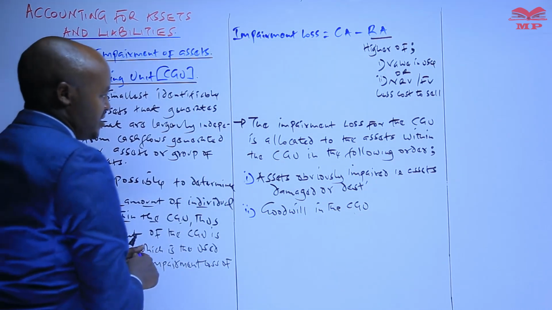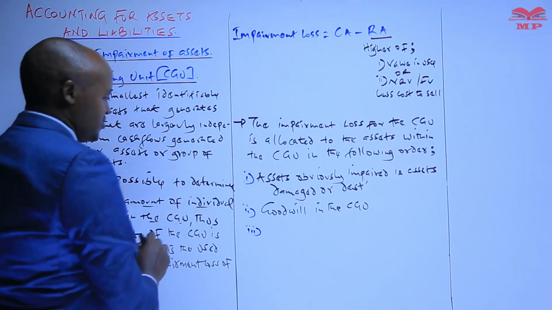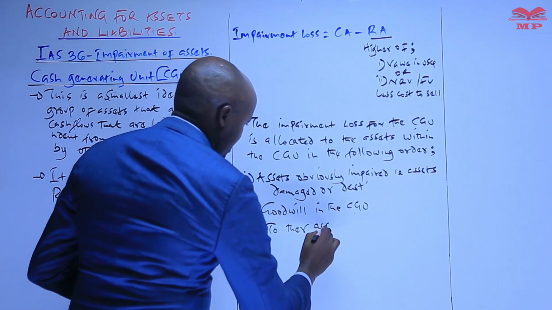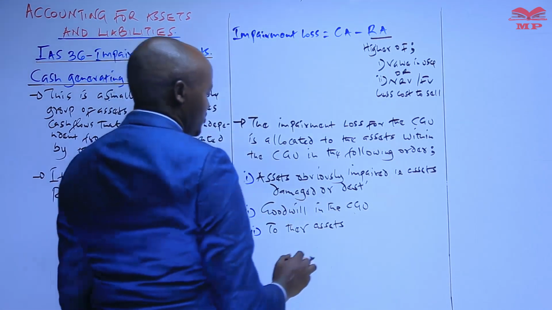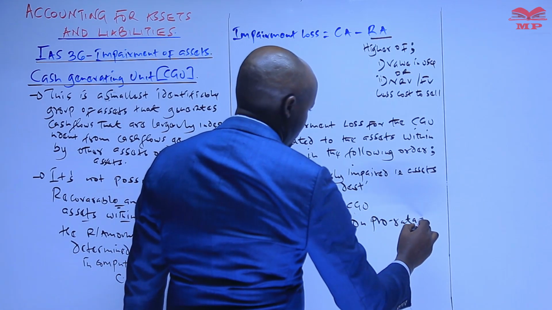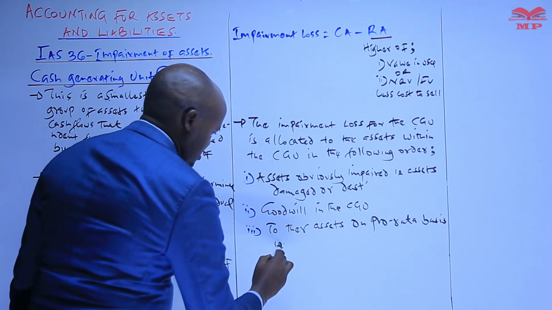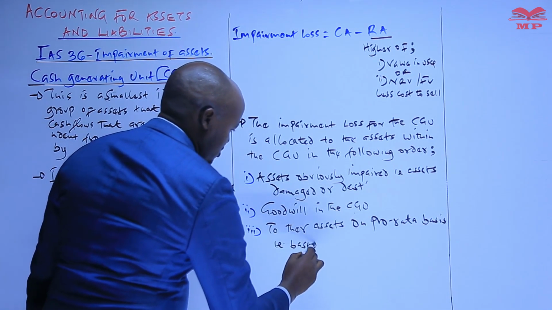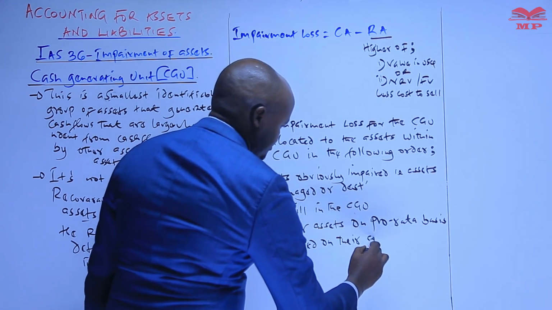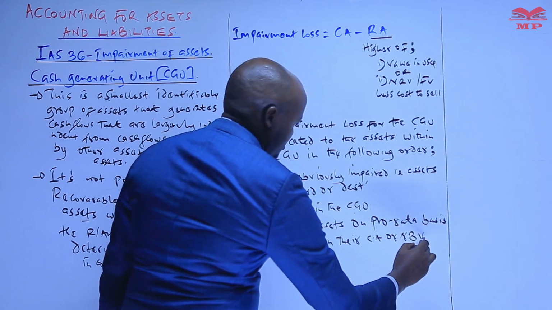And number three, we allocate to other assets on a pro rata basis, i.e. based on the carrying amount or the net book value.